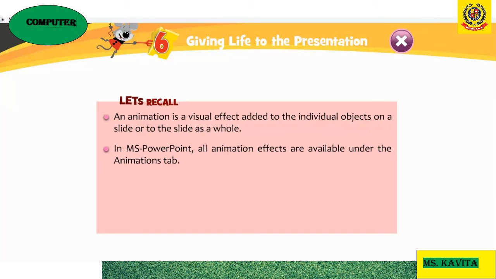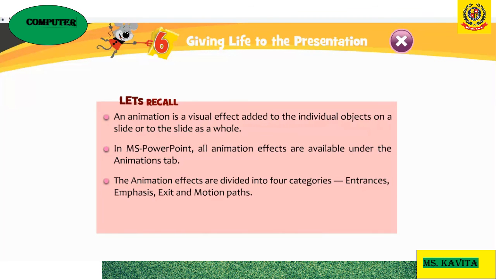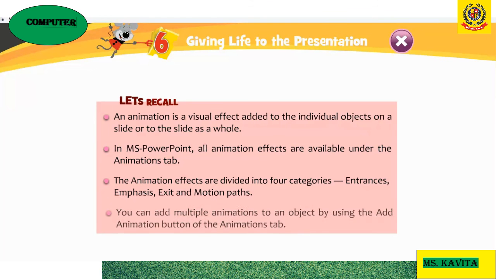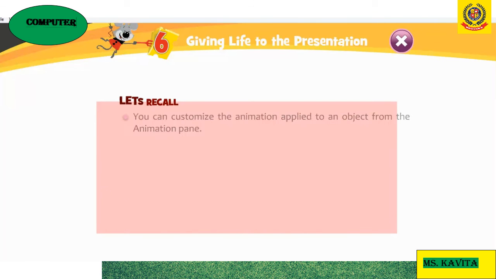The animation effects are divided into 4 categories: entrance, emphasis, exit, motion path. You can add multiple animations to an object by using the add animation button of the animation tab. You can customize the animation applied to an object from the animation pane.